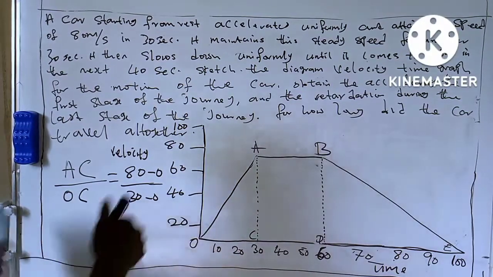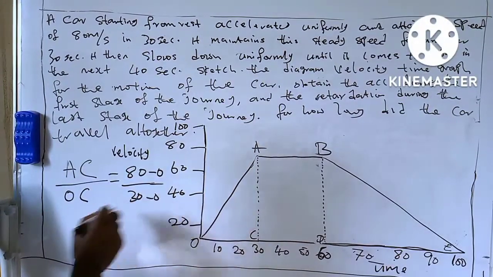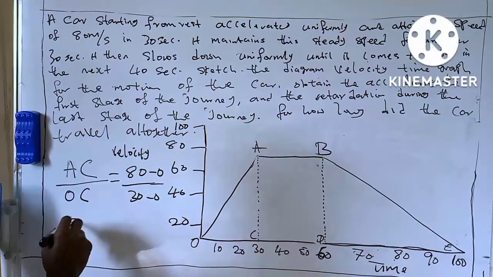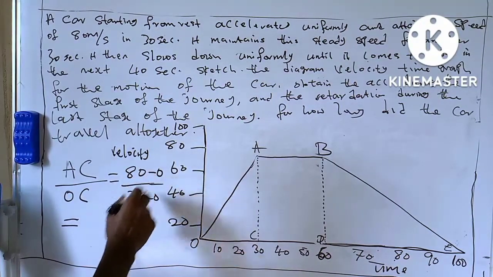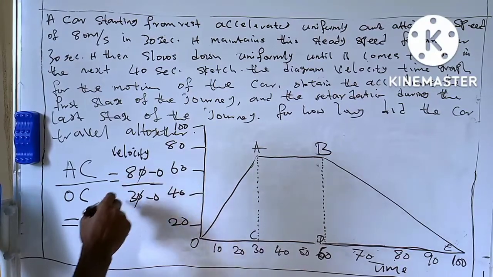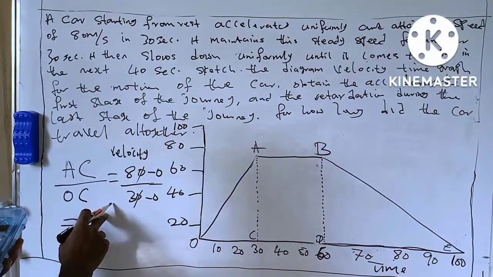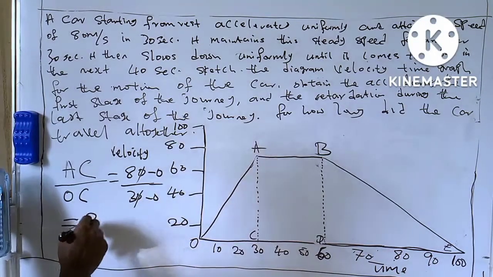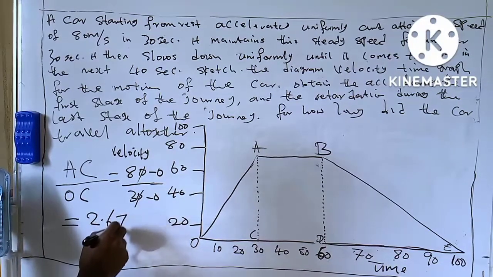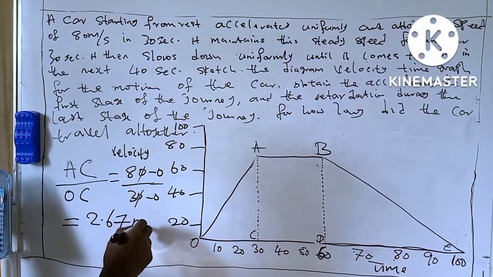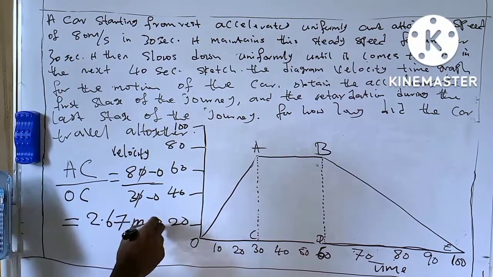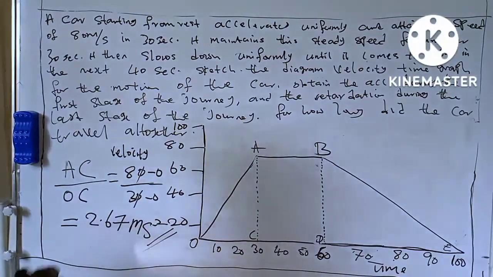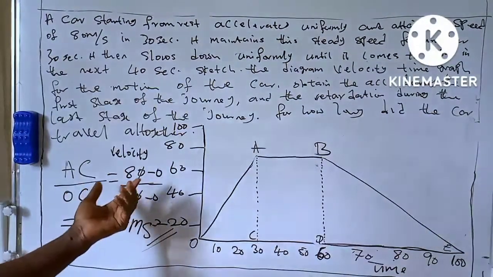So 80 minus 0 over 30 minus 0. So we cancel the zeros: 8 divided by 3. So we have 2.67 meter per second square, or meter second raised to minus 2. So this is the acceleration.